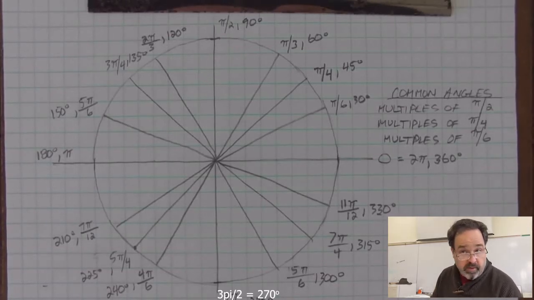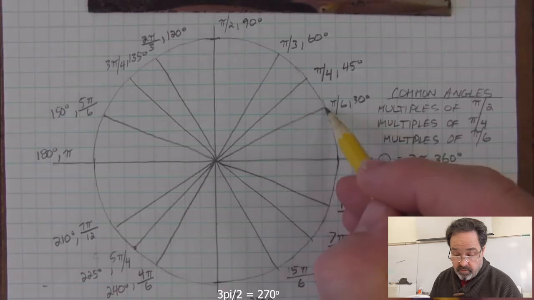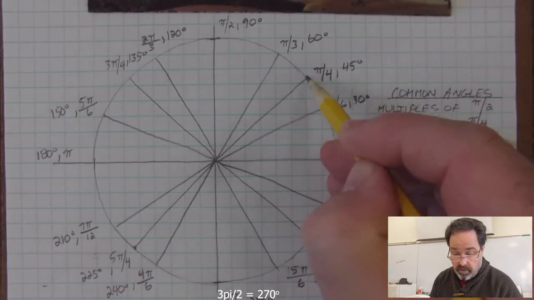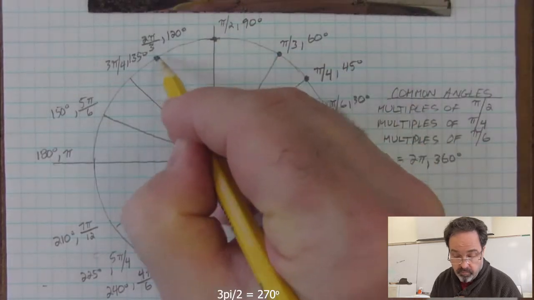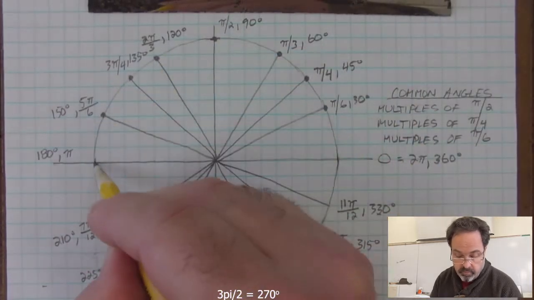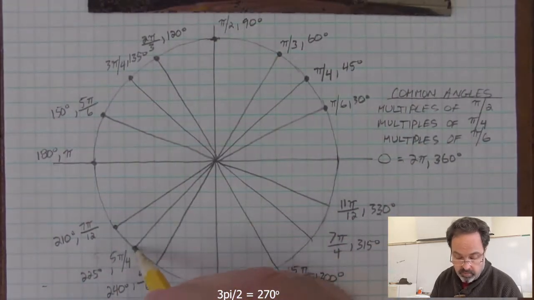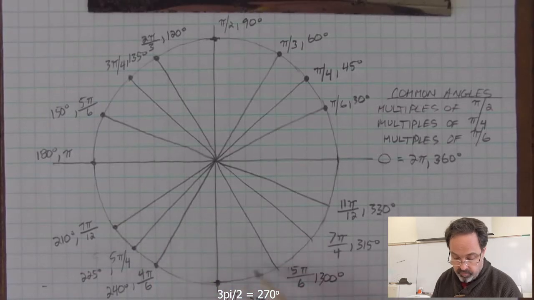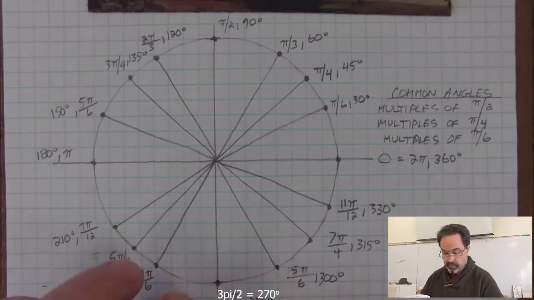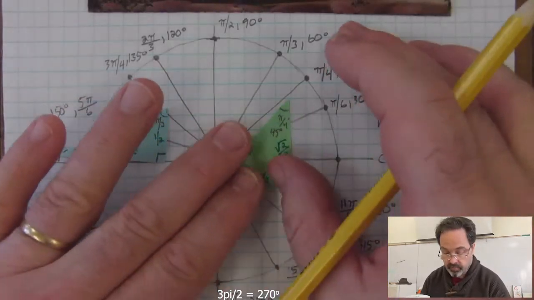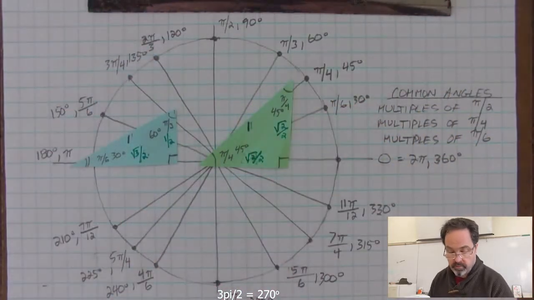Each of these common angles intersects the unit circle at particular points whose coordinates can be determined. To find the coordinates of these points, I've created two triangles to help us. These triangles are right triangles.